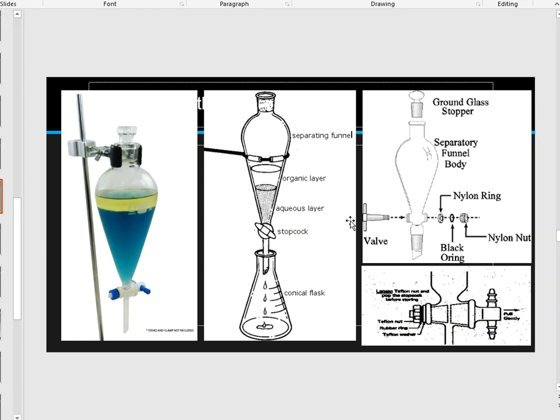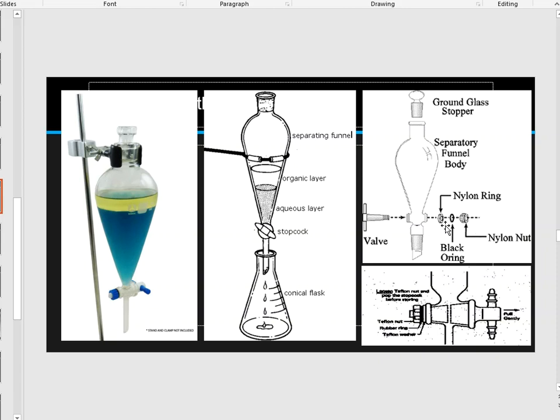All right. A lot of people, they'll grab a separatory funnel in our lab and they don't really know the proper way to thread them. If the stopcock, or what they call the valve here in this diagram, is not attached for you, you need to put the plastic or nylon ring on first. Then the rubber O-ring goes on second, and then the nylon or plastic nut goes on third.